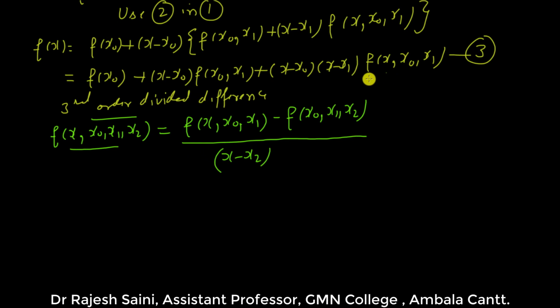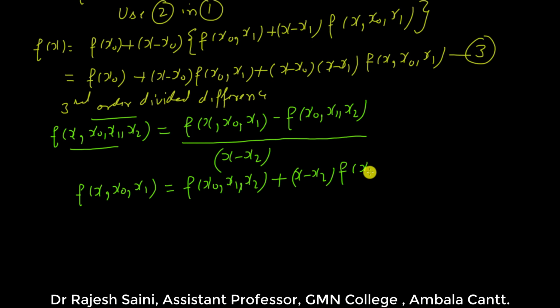This will go over there because we need its value. It is over here, so this will go there and this will come to the left hand side. We get f of x, x naught, x1 is equal to f of x naught, x1, x2 plus x minus x2 times f of x, x naught, x1, x2. You are going to name it as 4.